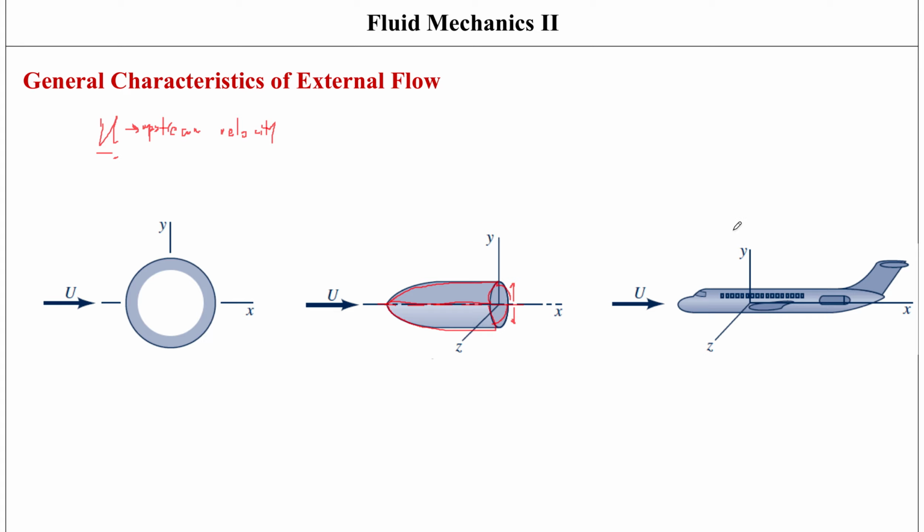Okay, so this is a three-dimensional body, this is an axisymmetric body, and this is a 2D. So we've got three different categories, and the three-dimensional bodies could or could not have an axis of symmetry, or a plane of symmetry.